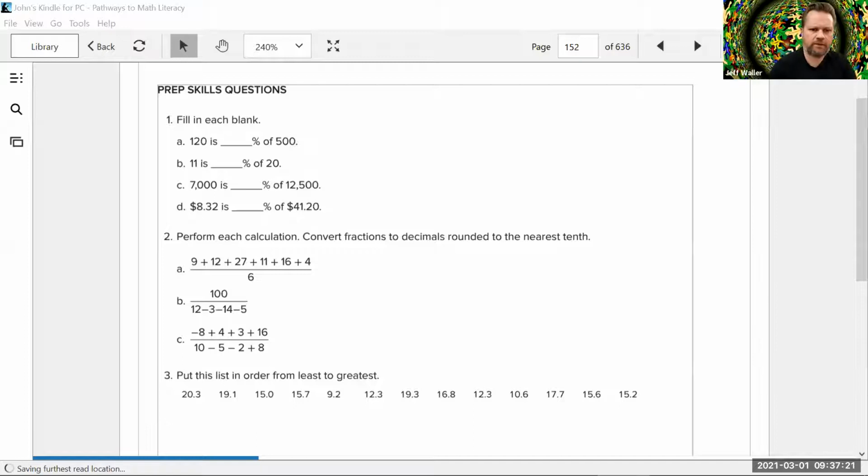Here we go. Perfect. All right, let's try this out. I didn't really assign this, but it's the prep skills at the beginning of the chapter.